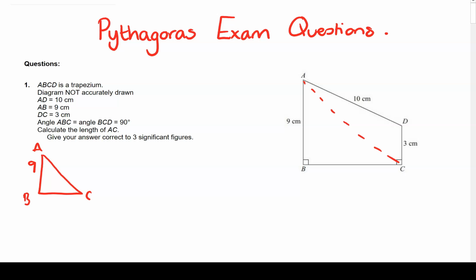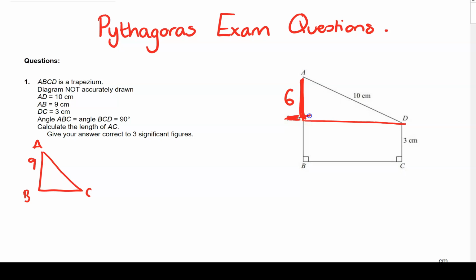Well, thankfully, if you chop off the top of the trapezium, there, we know that this length here is going to be 6 centimetres. Scribble out that 9 for now. We know the hypotenuse is 10 and this is a right angle triangle, so we can use Pythagoras to find the width of the trapezium that way.